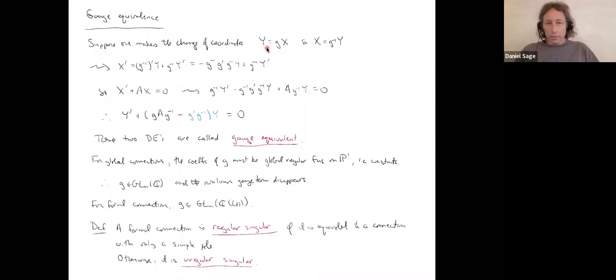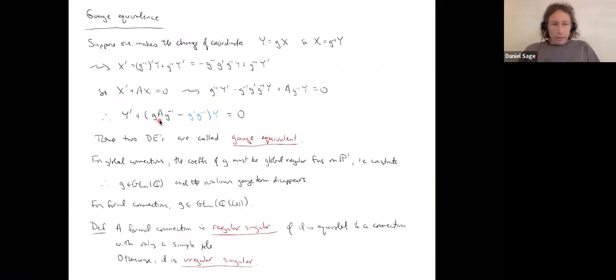We take the column vector y equals gx. Now if you compute what x prime is, and you remember that when you're using the quotient rule on a matrix, you have to keep track of the order, you get x prime equals minus g inverse g prime, g inverse y plus g inverse y prime. And so now this differential equation x prime plus ax equals 0 turns into the following equation in y prime.